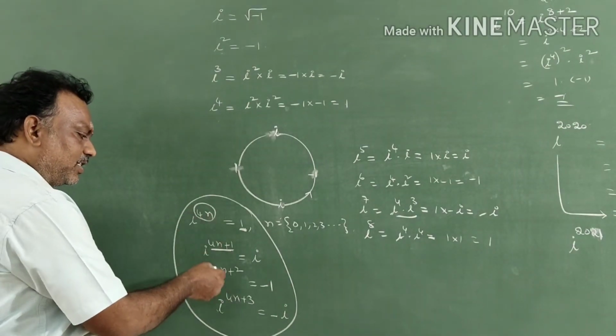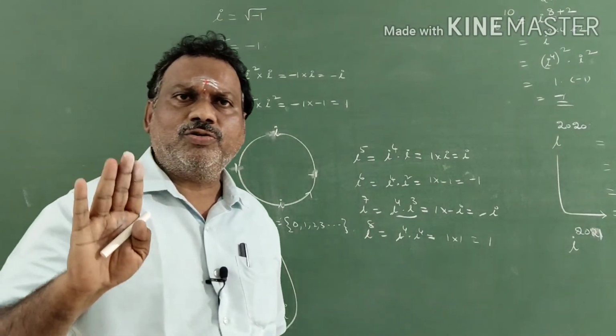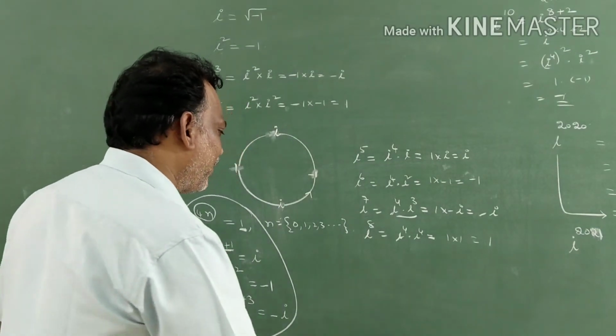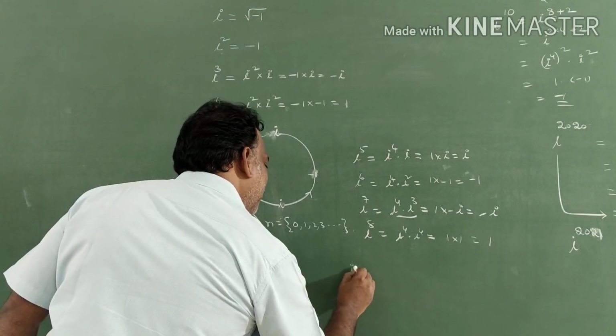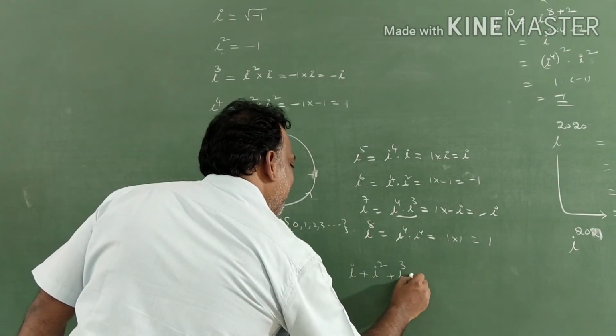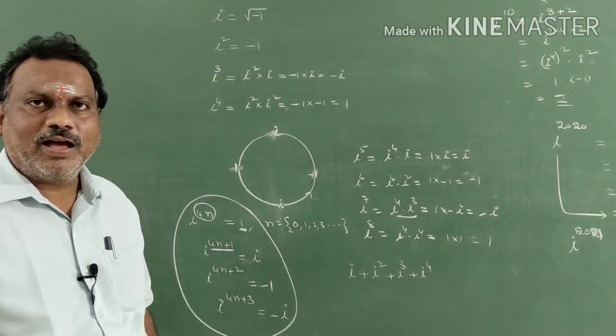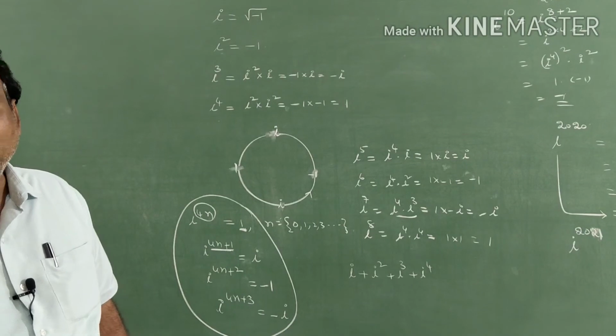Now this is called the general form of complex number. Any 4 consecutive i powers, for example i, i square, i cube, i power 4. These 4 are consecutive terms of i, correct or not?